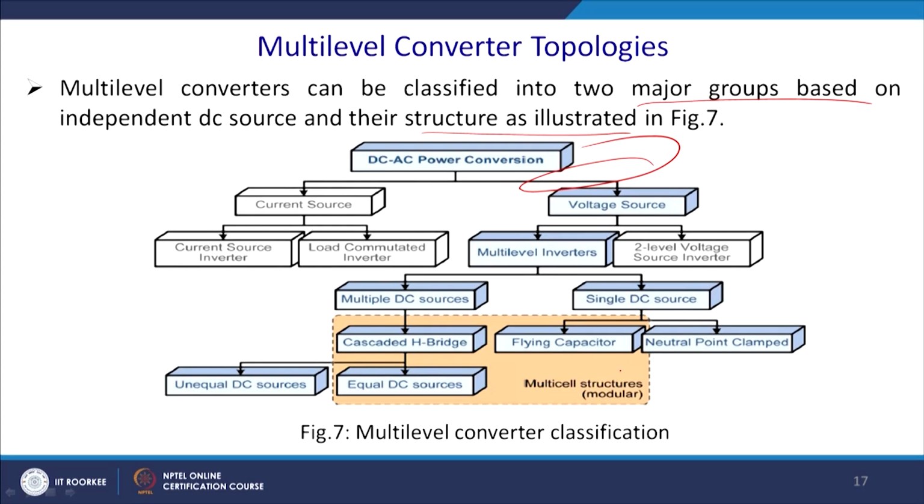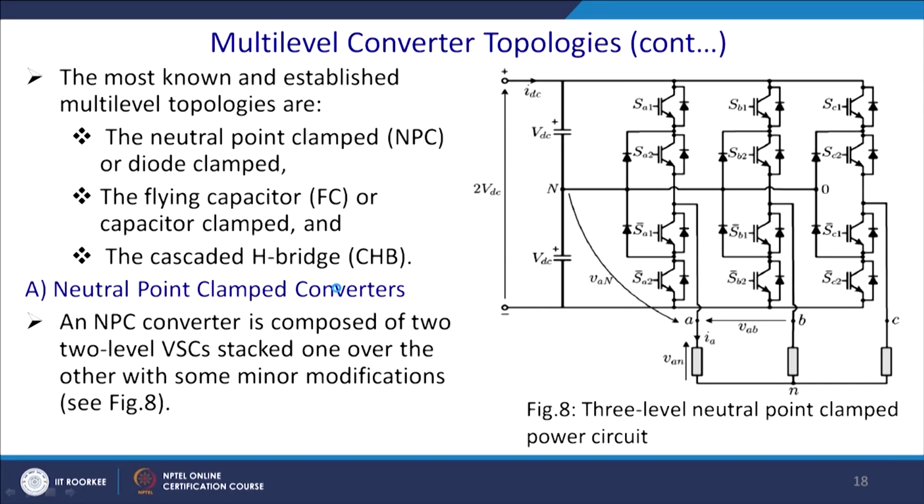In the single DC source you will have flying capacitor and neutral point clamp, and in the multiple DC source, cascade H bridge, with equal DC source and unequal DC source. In the same way you may have a current source, that can be split into the current source inverter and load commutated inverter.